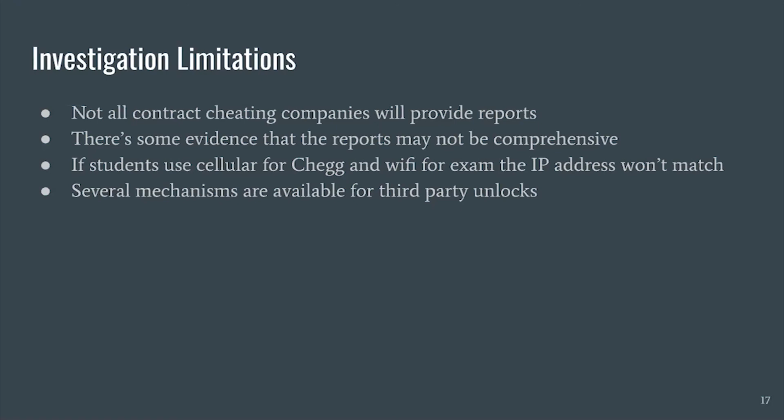There's some evidence that reports may not be comprehensive. And when I say evidence, I say anecdotal, because at the conference, a number of people said that if they went back and requested the report again, the information they got would never have false information, meaning if Joe Smith was on the report, Joe Smith definitely was on Chegg posting that thing.